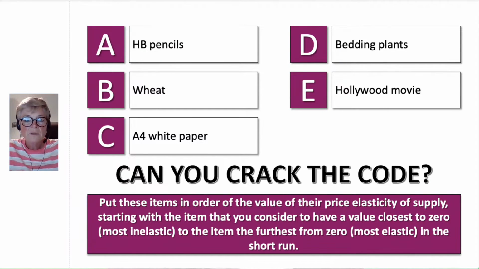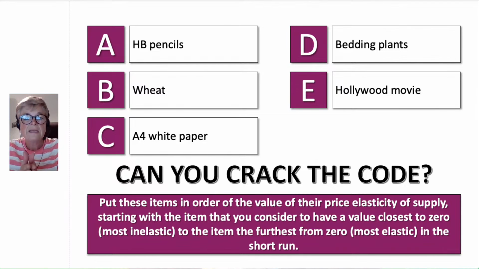Right, now this slide is actually really important. This might even be the most important slide this evening because students forget about price elasticity of supply and they forget to actually revise it. And so examiners love examining it because they know that students don't often revise it well enough.